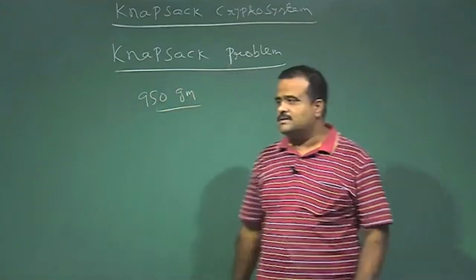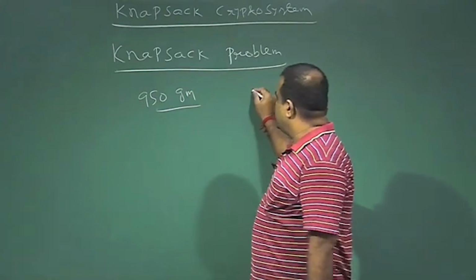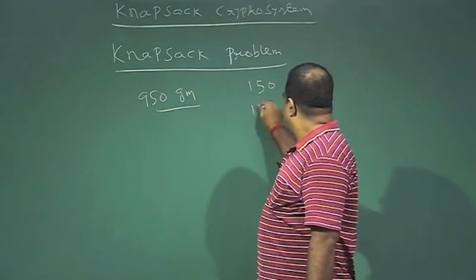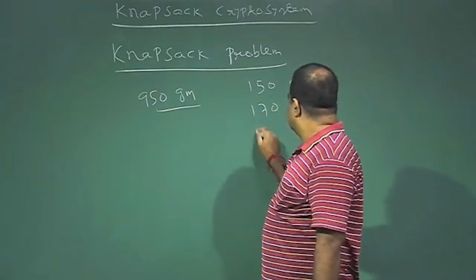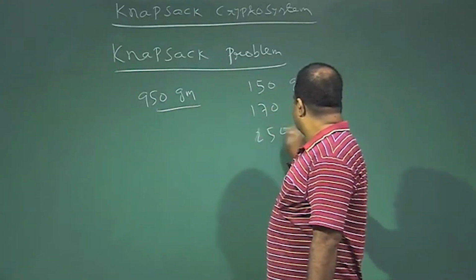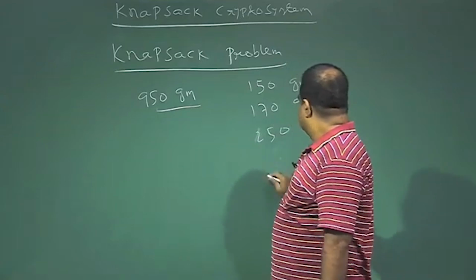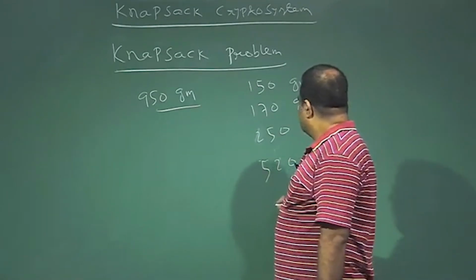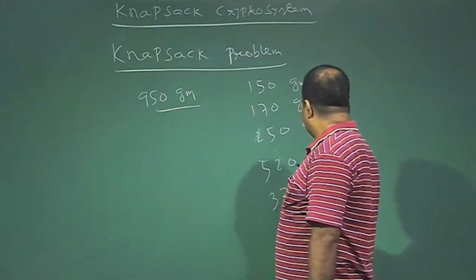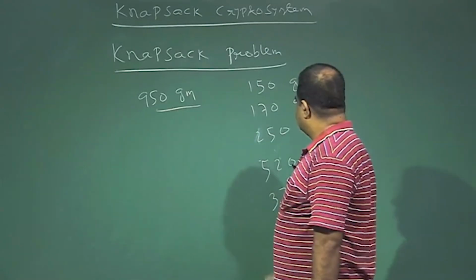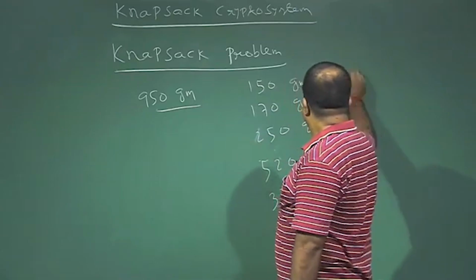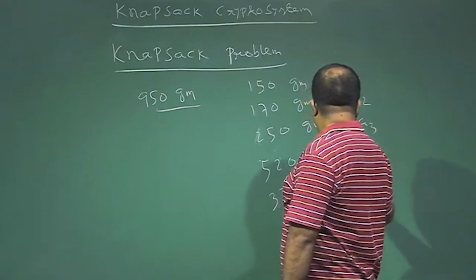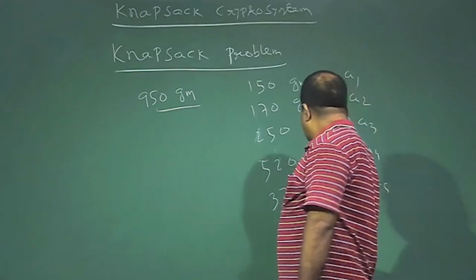And you see in the market there are apples whose weights are, say, 150 grams, 170 grams, 250 grams, 520 grams, and 370 grams, like this. So these are the apples. We denote them by A1, A2, A3, A4, A5, and so on.